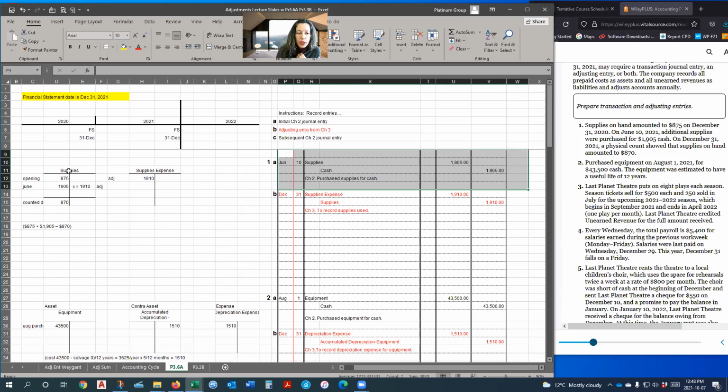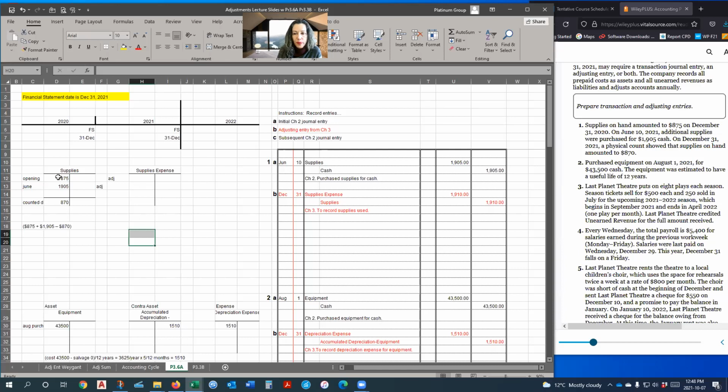Now, if we look at our T account, we can see right here, we've got the opening balance, $875. And then what we're doing here is purchasing more supplies from this journal entry throughout the year. So we post that, we put that one in.